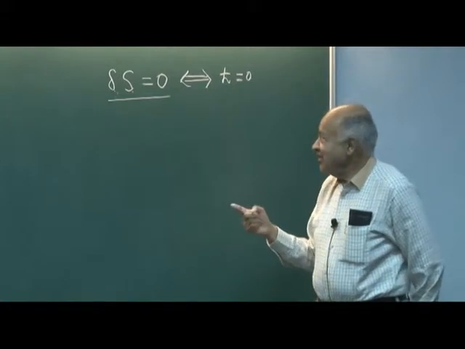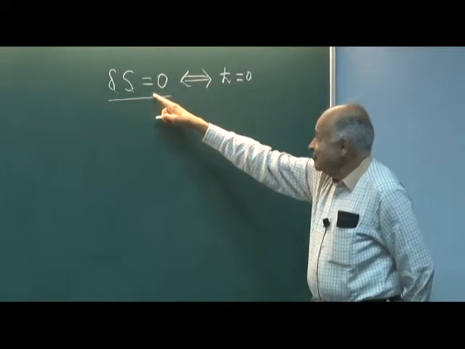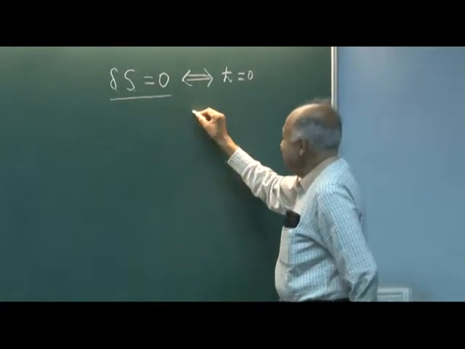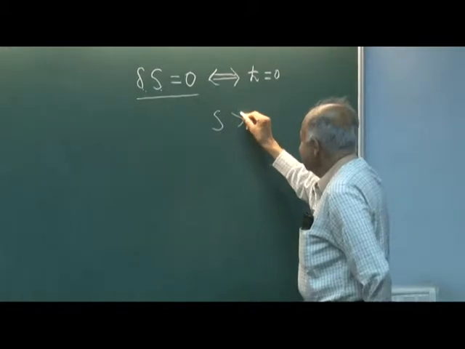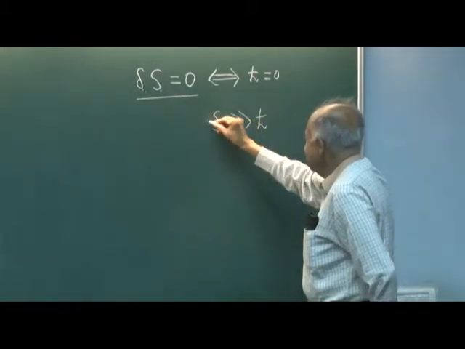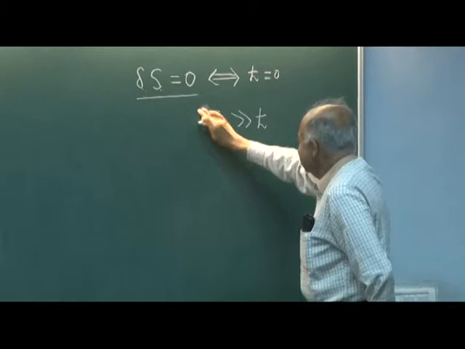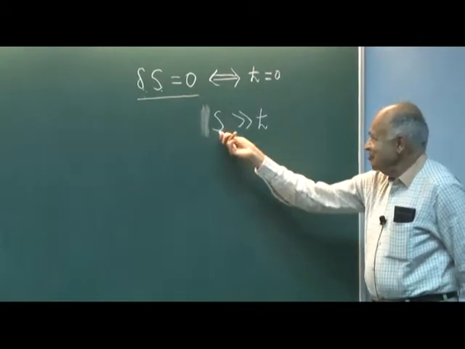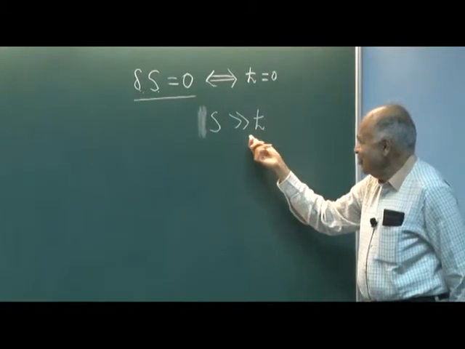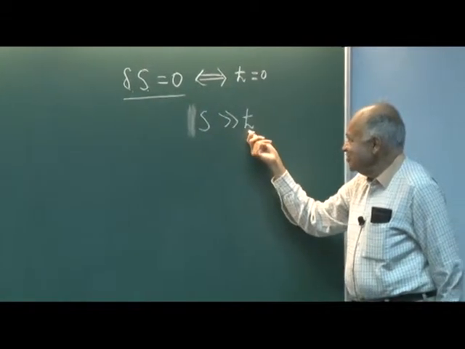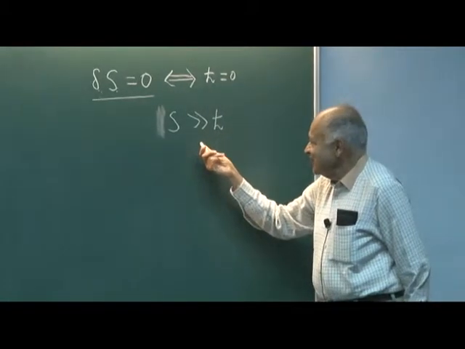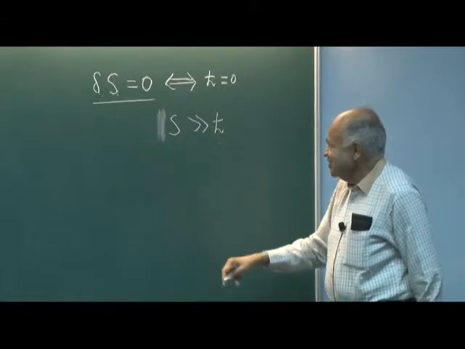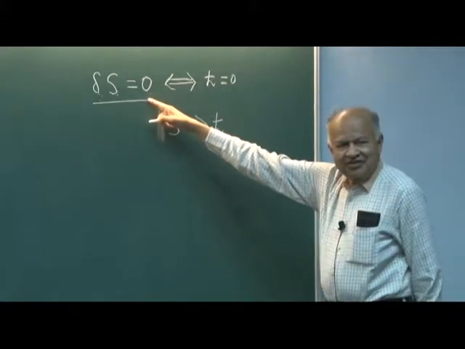So, to avoid that, in a purely classical situation, you put h equal to 0, or you can say that S is large compared to h cross. If you are in this approximation, the path chosen by the system will be given by the principle of least action.